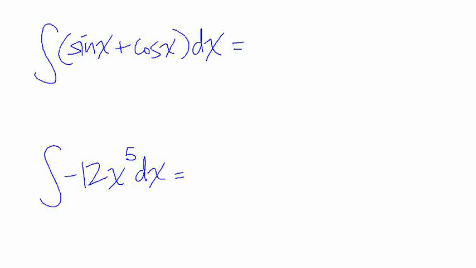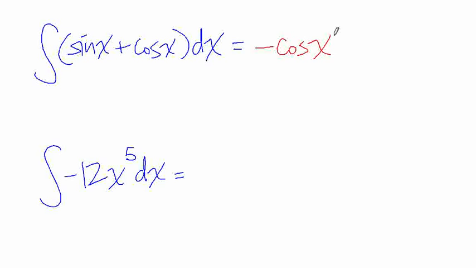All right, I'll go ahead and do these. So the first one, the antiderivative of sine plus cosine. Well, first of all, I'm allowed to simply focus on each function separately and then add my answers together. So the antiderivative of the sine of x with respect to x is minus cosine.